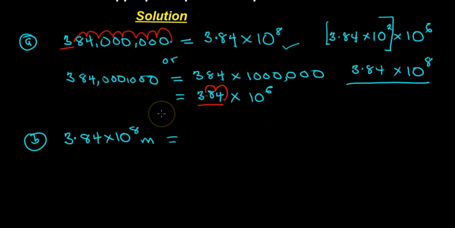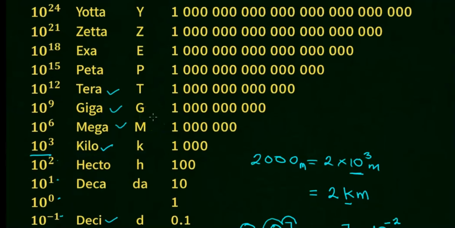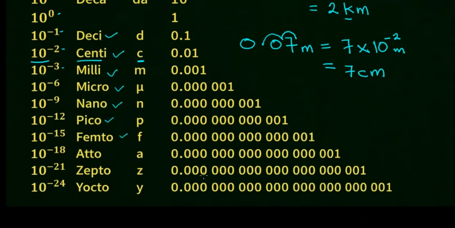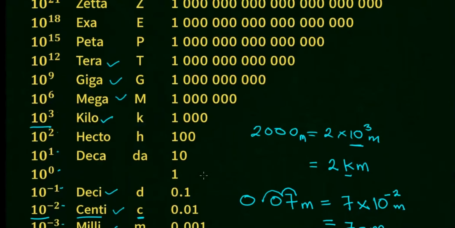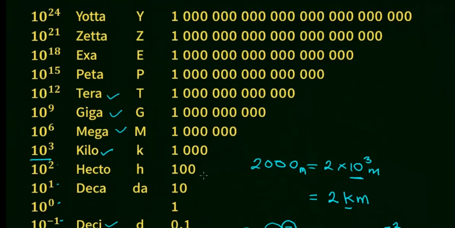Now you notice that back here, all the powers of 10, or the values of the prefixes, have powers that are multiples of 3, except 1 and 2.